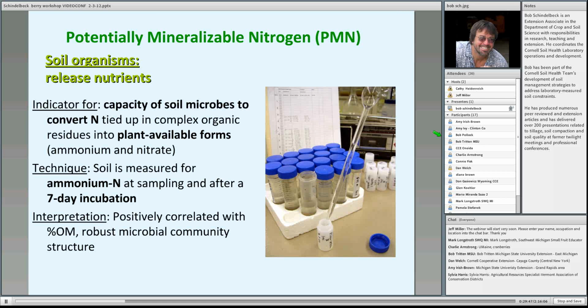So here we want to go the other way and mineralize. That's kind of the opposite of what a plant does. We want to break that plant down into ideally nutrients for our plants, and we're going to look at that. We look at this with the potentially mineralizable nitrogen test in the soil health test. We look at the rate of breakdown of organic materials to release ammonium.